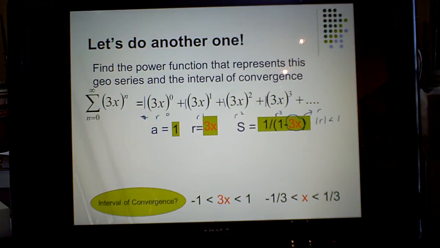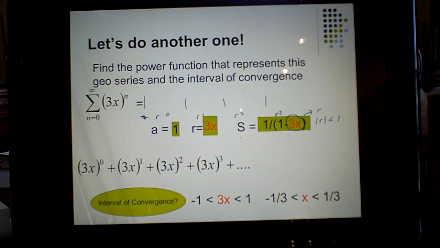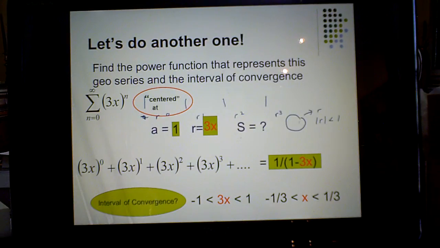And you can add the cubic term, making 1 plus 3x plus 9x squared plus 27x cubed the cubic curve of best fit, if you will. All centered at 0. So this infinite polynomial is exactly equal to this rational function.